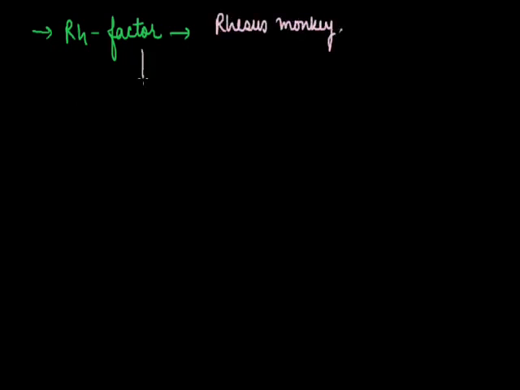Besides these antigens, one more antigen is present at the surface of RBC. This is termed the Rh factor. Here Rh stands for rhesus monkey. This blood group was discovered by Landsteiner and Wiener.